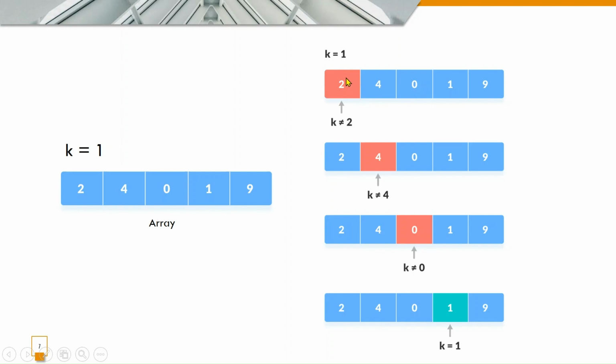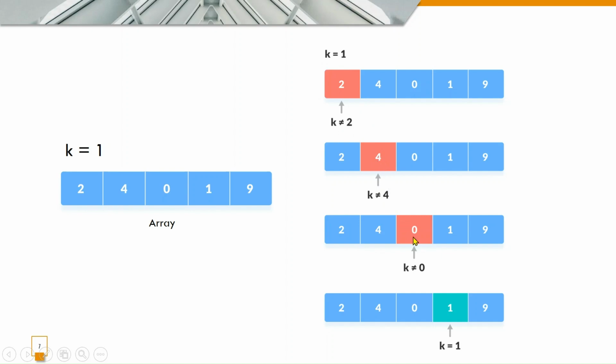The first index of the array, the value is 2, which is not equal to the key. So we will move to the second iteration and go to the second index and check if that value is equal to the key or not. As you can see here clearly, key is 1, but here the value is 4. So it is not matching.